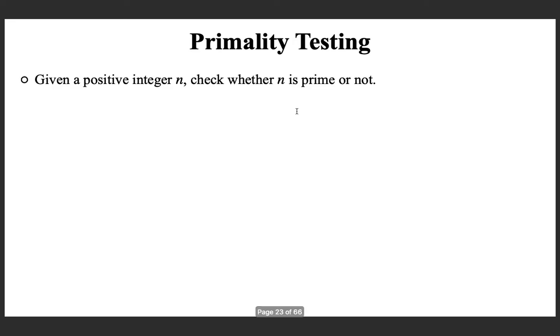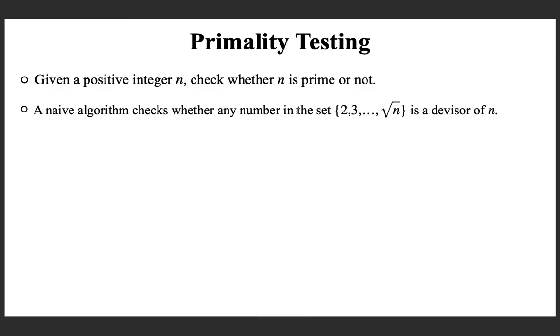Now, we can see how we can do primality testing. It is the problem of checking whether a given number is prime or not. A naive algorithm can check whether a number is prime by searching for a divisor for that number in this set from 2 to root n.